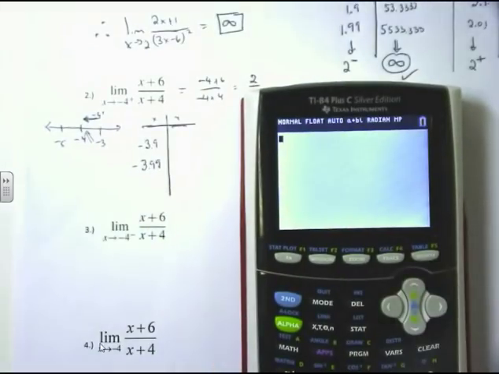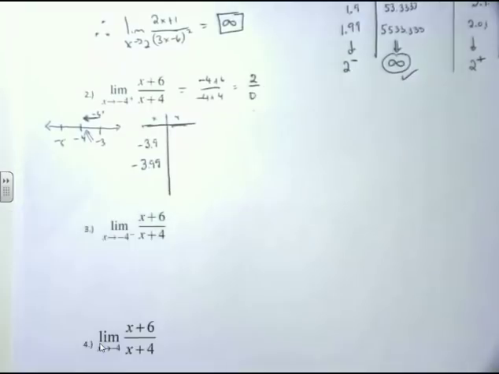So it'll be parentheses negative 3.9 plus 6, divided by negative 3.9 plus 4. I end up getting 21.